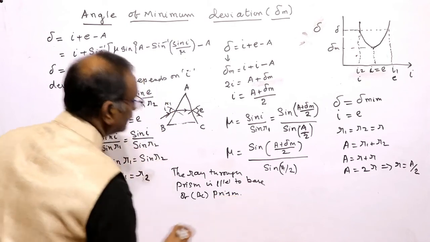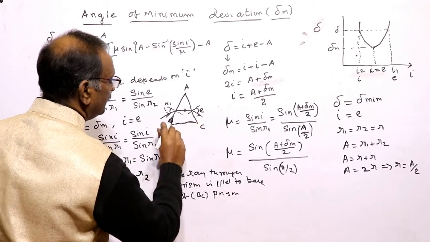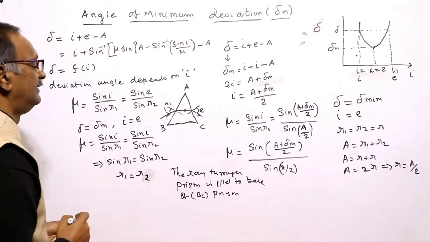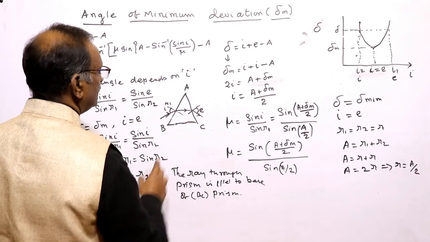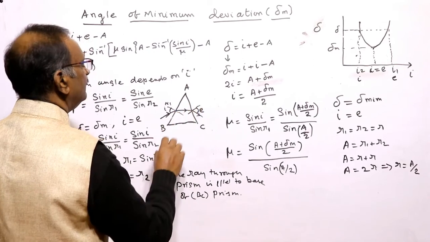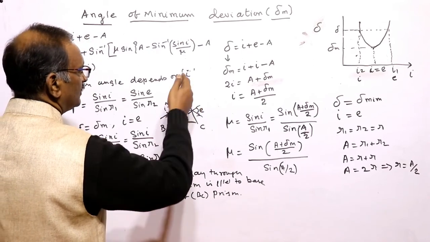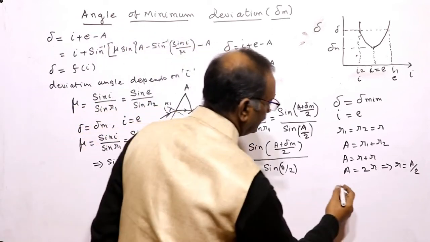The incident ray and emergent ray are symmetrical with respect to AB and AC.